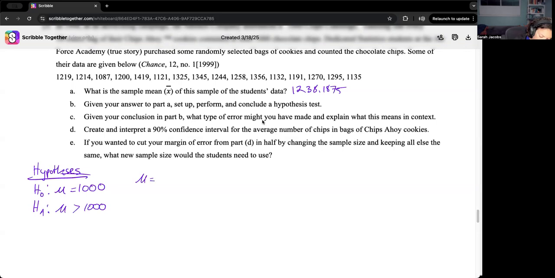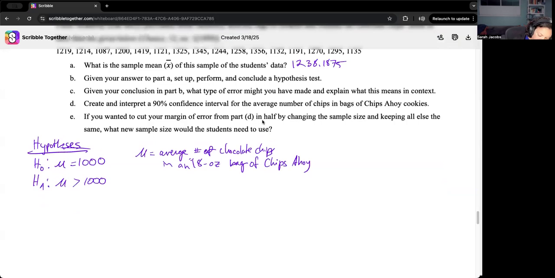Mu in this case is the average number of chocolate chips in an 18-ounce bag of Chips Ahoy. Preconditions.